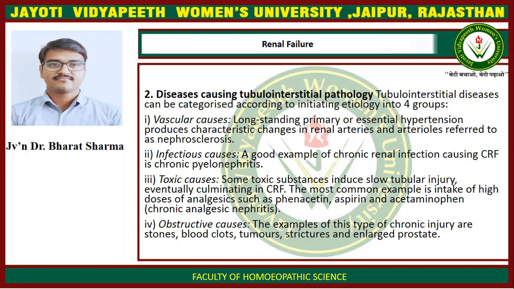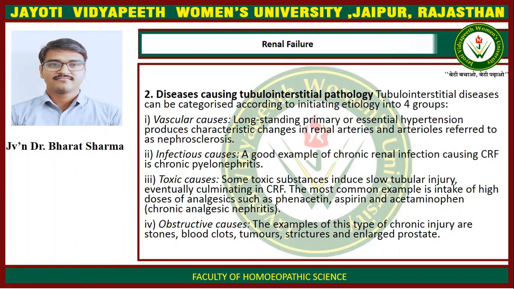Infectious causes: a good example of chronic renal infection causing chronic renal failure is chronic pyelonephritis. Toxic causes: some toxic substances induce slow tubular injury, eventually culminating in chronic renal failure.